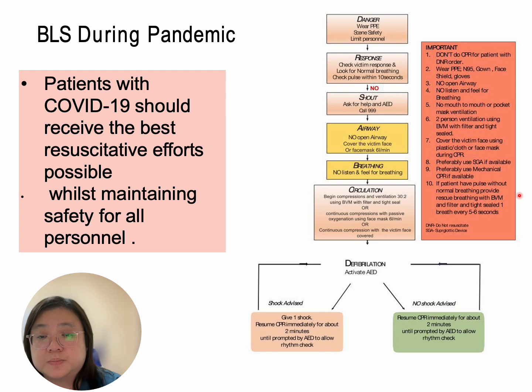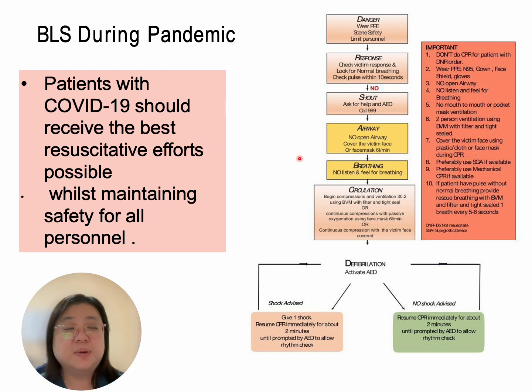Next would be if the patient has a pulse but no normal breathing, then you can give rescue breaths with your bag valve mask with filter and a tight seal. You can give one breath every 5 to 6 seconds. So do remember this. The most important caveat here I think would be no opening airway and do not do look, listen, feel. BVM use it with filter and very tight seal.